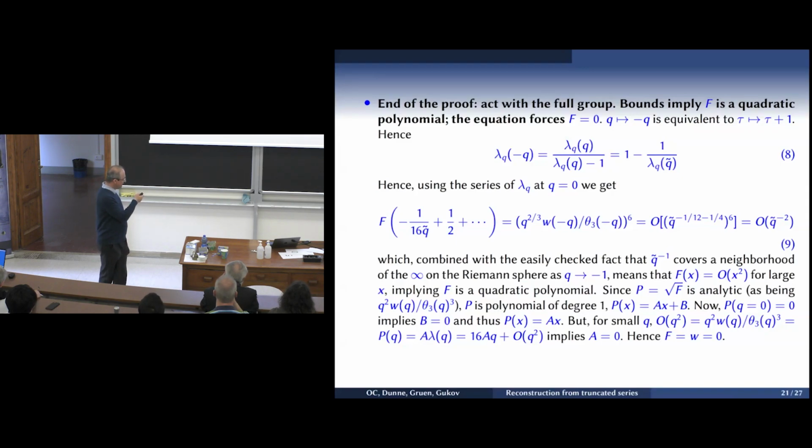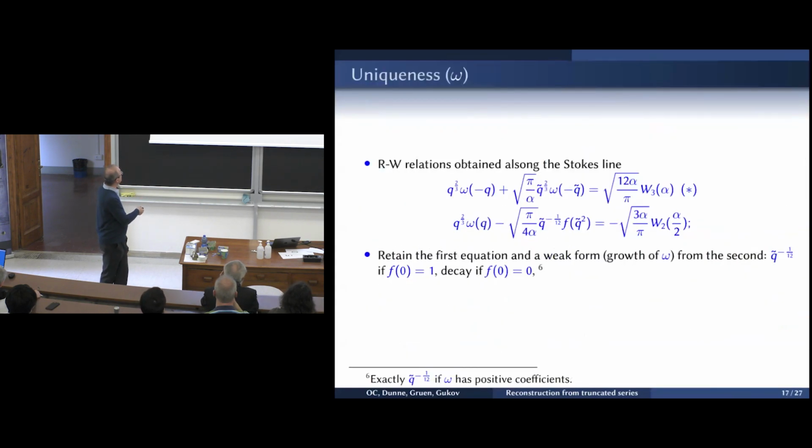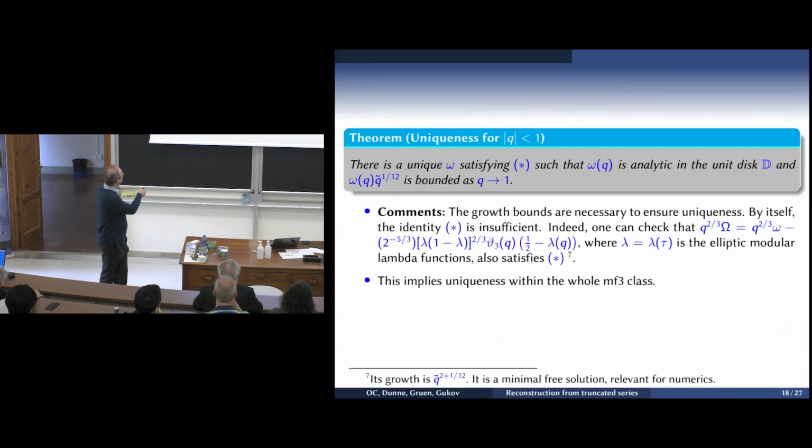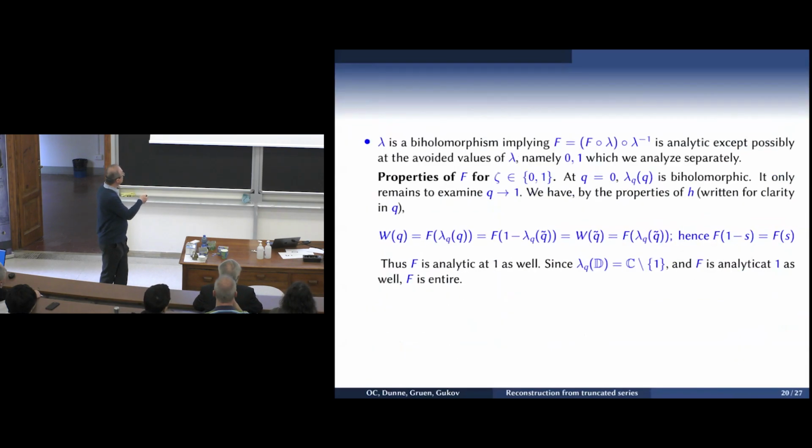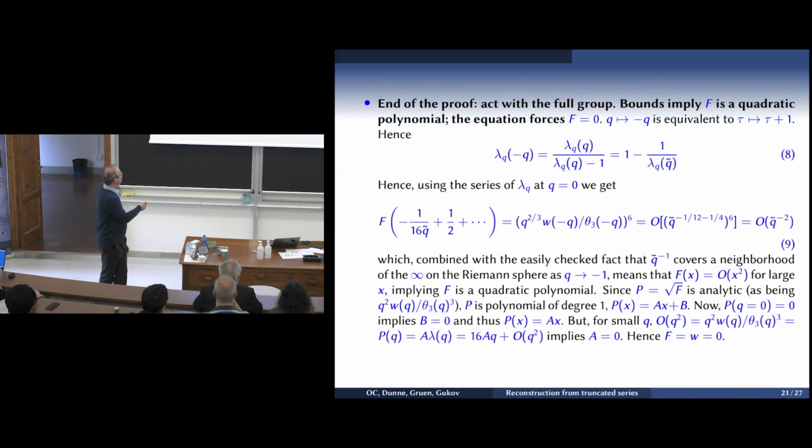You remember that. Omega is bounded by this. You translate that into whatever it means for the cured omega, which was the 6th power divided by theta and so on. And this translates into quadratic bounds. So now I have an entire function which is bounded by a polynomial of degree 2, so therefore it's a polynomial of degree 2.